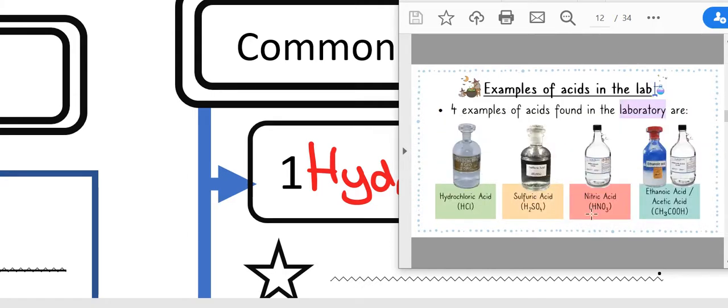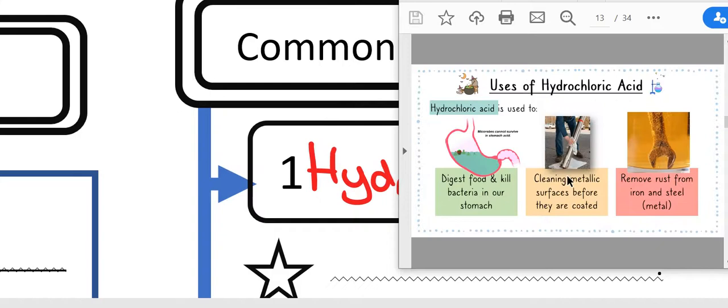Okay, here are your common lab acids. And so hydrochloric acid is actually found in your stomach. It helps to digest food and kill bacteria, and also is used to remove rust and cleaning metallic surfaces. So I'll go with digesting food.